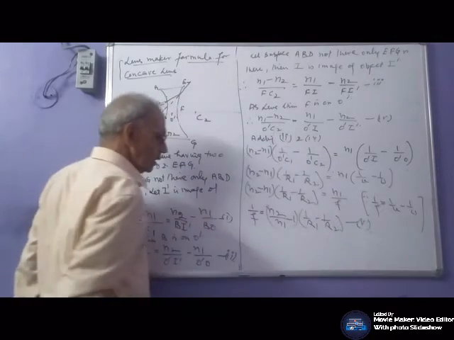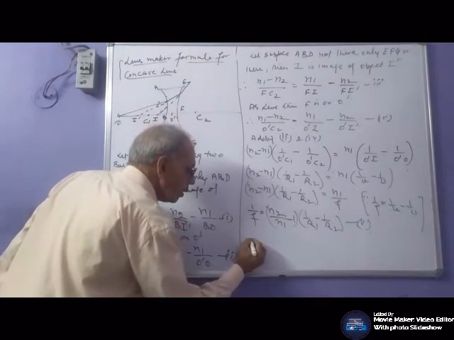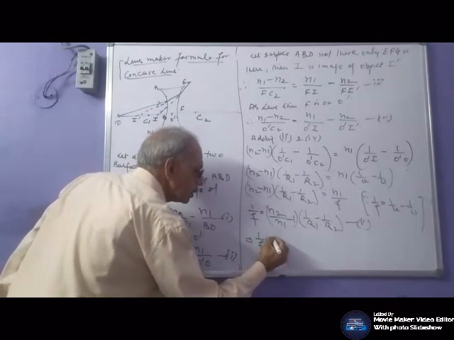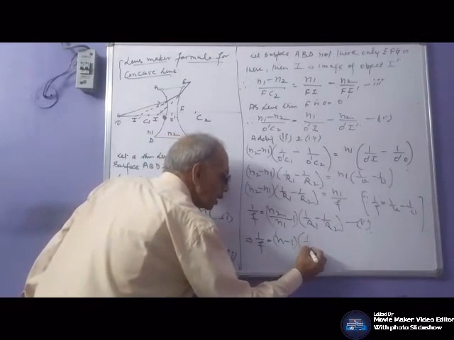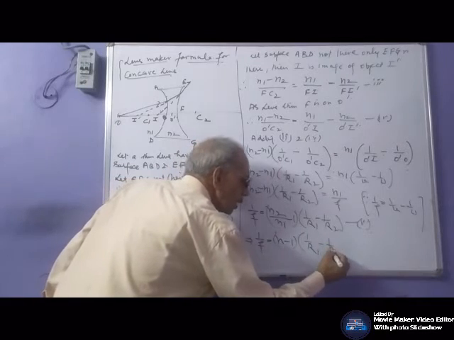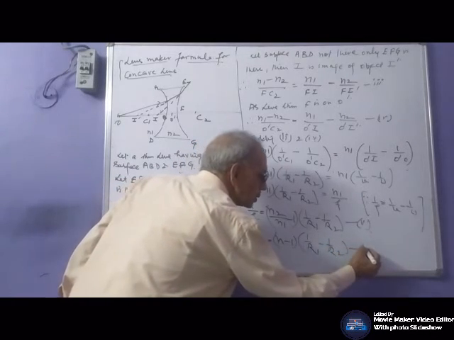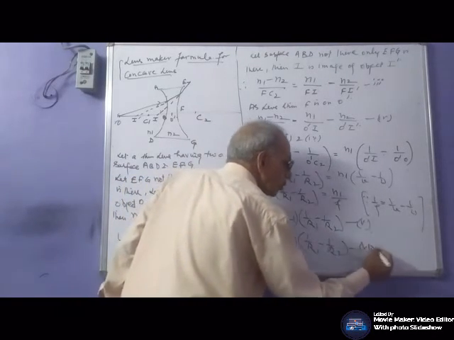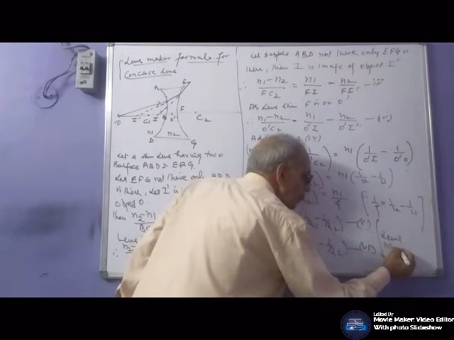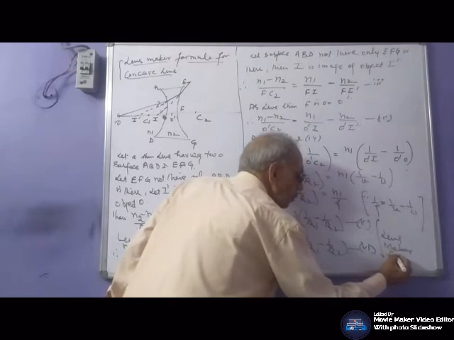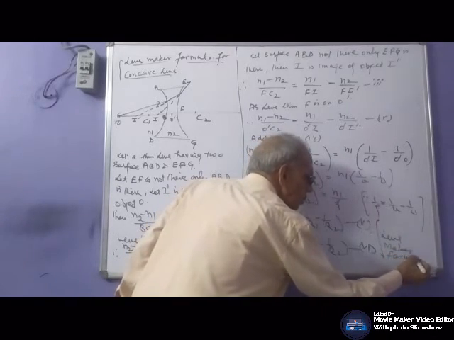This is the lens maker formula. Or 1 by F equals (n minus 1) times (1 by R1 minus 1 by R2), sixth. Both are the lens maker formula.